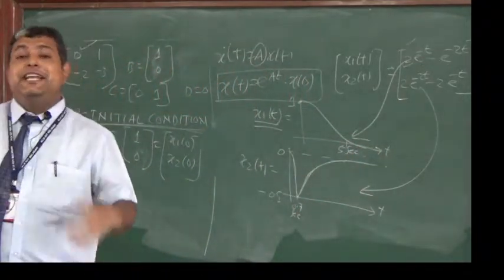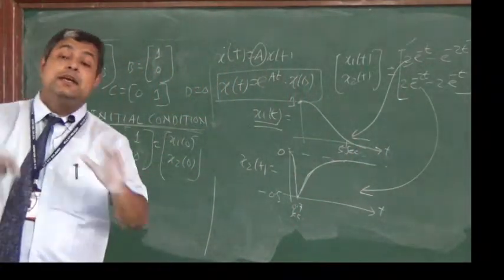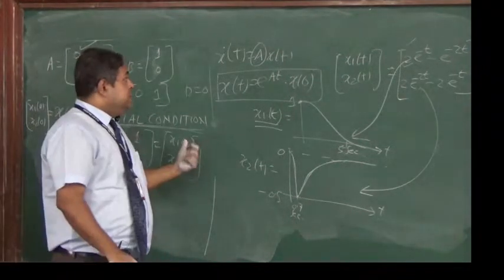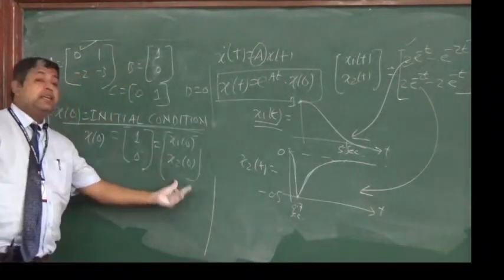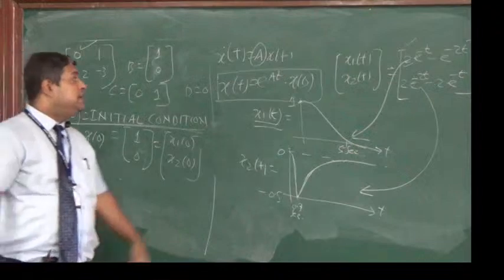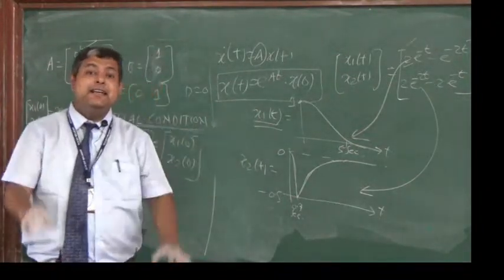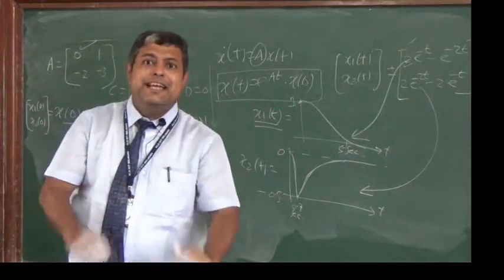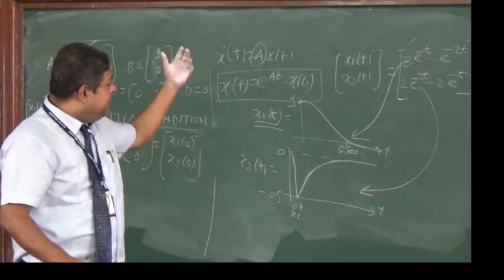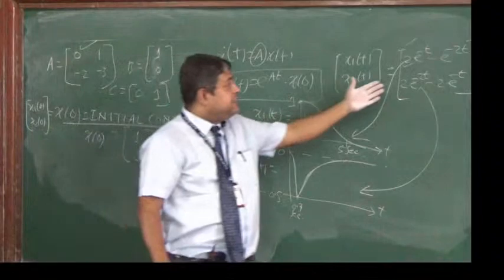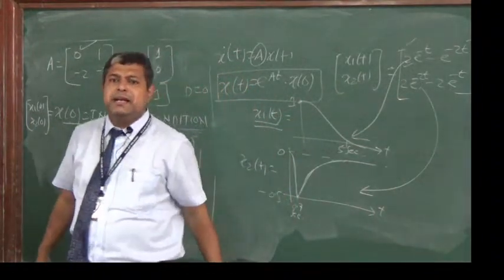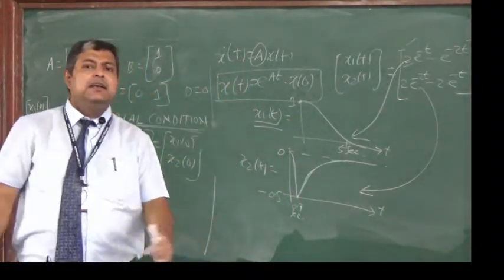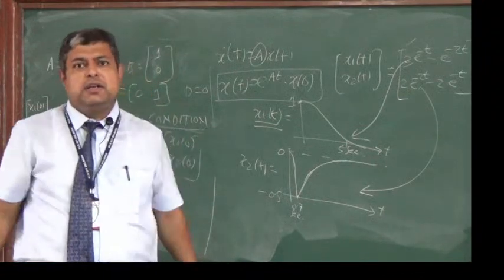Now if I give you 10 inputs, your A matrix will be 10 by 10. Then 10 initial conditions have to be given here, and after you find e raised to At of 10 by 10, multiply it with x0, a 10 cross 1 matrix, and you will be getting 10 functions like this. Very simply using MATLAB you can plot all these 10 state variables in one shot.